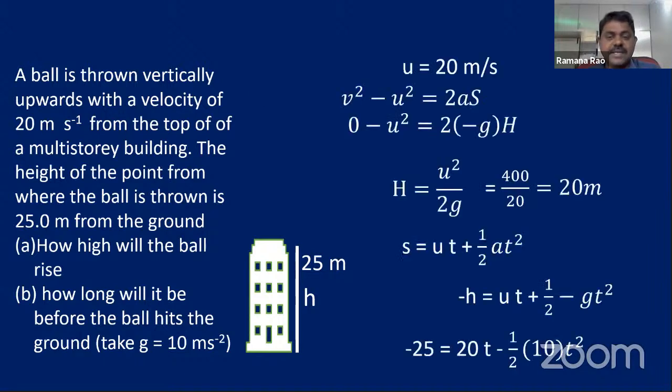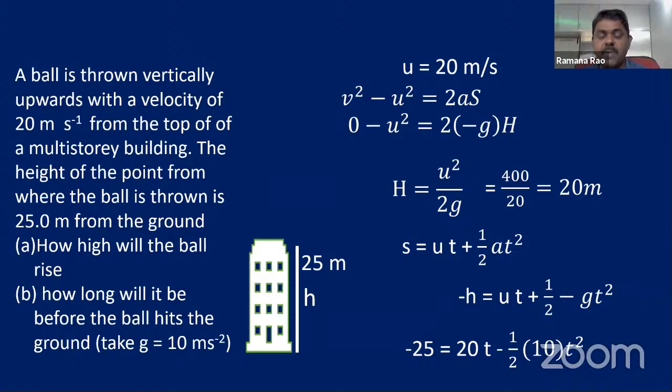Here, children, initially the ball is thrown with a velocity of 20 meter per second. Stepwise, which equation do you have to apply? v square minus u square is equal to 2as. Final velocity is 0 because the ball moves upward and momentarily comes to rest at a particular height. u is u, a is minus g because the body is thrown upwards, and s is h.